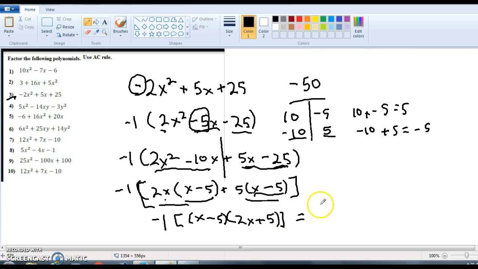And so my final answer is -1, which I can just write as negative, or the opposite of x minus 5, 2x plus 5. So hopefully that helps on number 3.